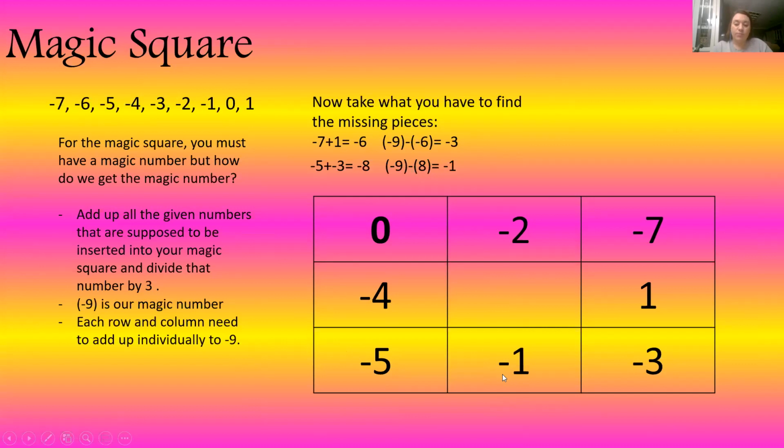Our last number that we have not used is our -6. Your -6 plus -2 is -8, and then -1 out of that is -9. You can add up your numbers every which way, diagonally, vertically, horizontally, and you will get -9. And that is how a magic square is supposed to work.